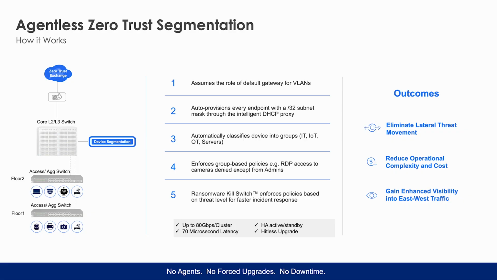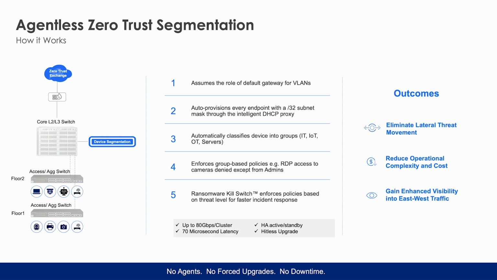So for example, you may have a /24 or /22 net mask. Doesn't matter. As it's traversing a Zscaler segmentation, we would make sure that it is configured as a /32 net mask. Now imagine all your devices are static DHCP devices. They all got a net mask of /32.